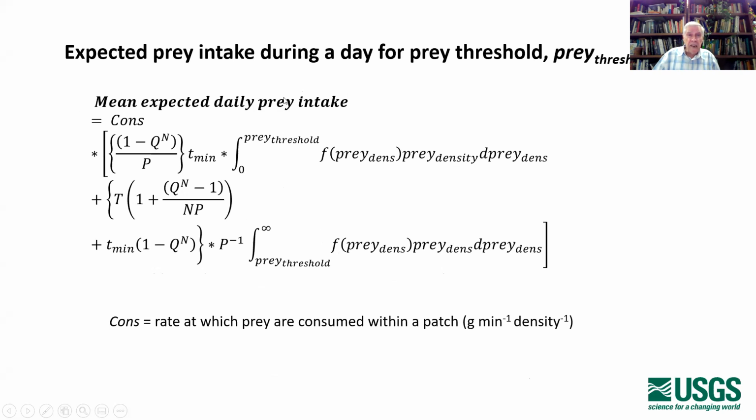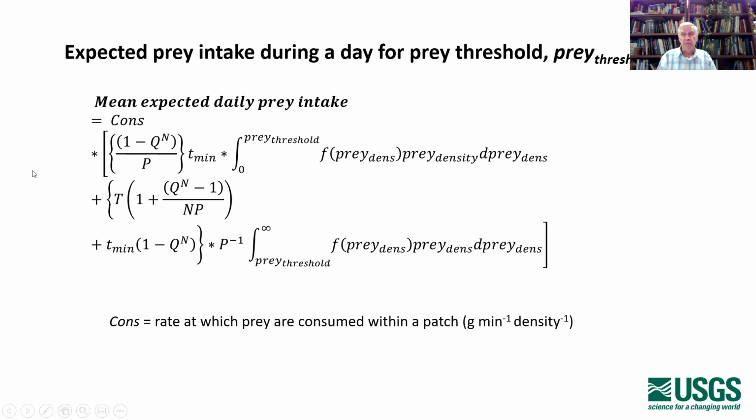The mean expected daily intake has the following form, in which I'm introducing a new parameter, CONS, the rate at which prey are consumed within a patch, that is grams per minute per unit density. The first part of this, the upper line here, represents the prey intake that it gets from all of those patches that are below its threshold density.